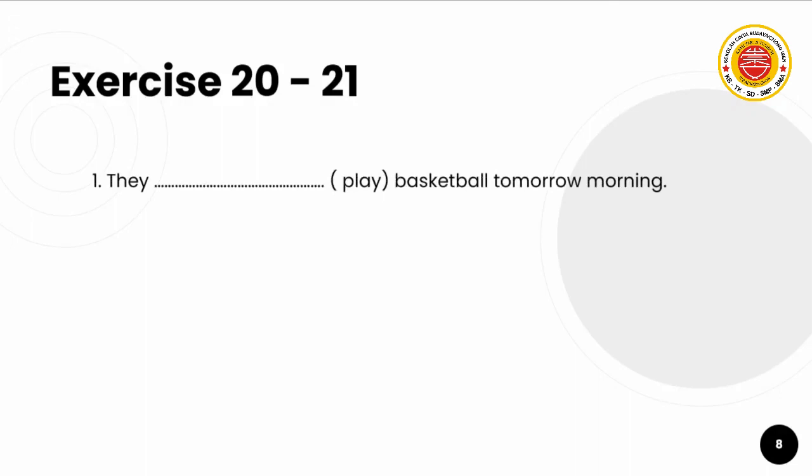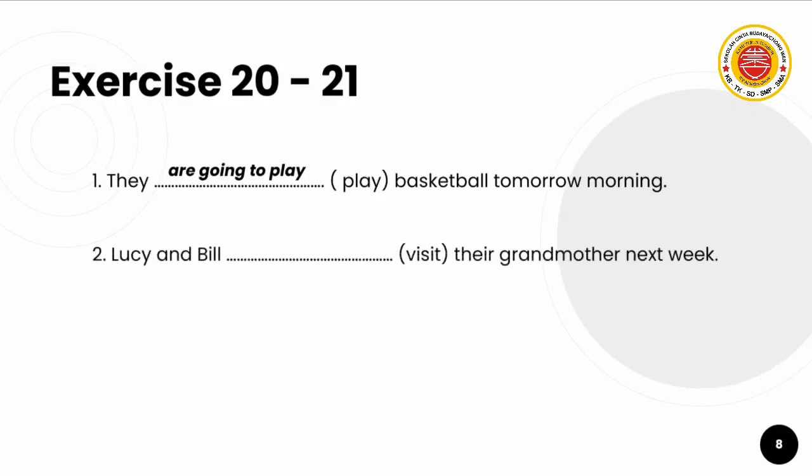Number 1. They blank blank blank play basketball tomorrow morning. They, karena subjeknya they, we have to use are. Kita harus menggunakan are. So they are going to play basketball tomorrow morning. Number 2. Lucy and Bill blank blank blank visit their grandmother next week.